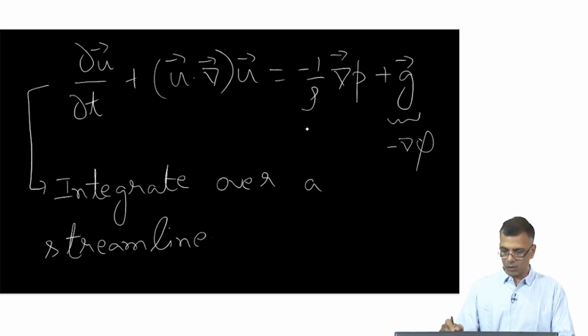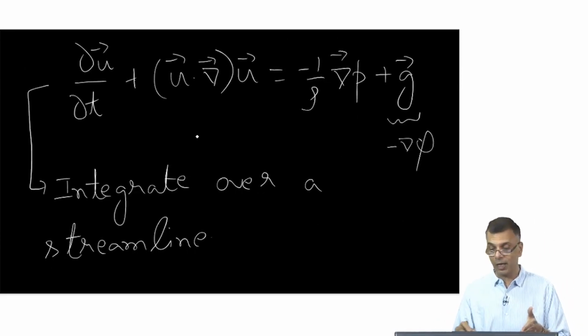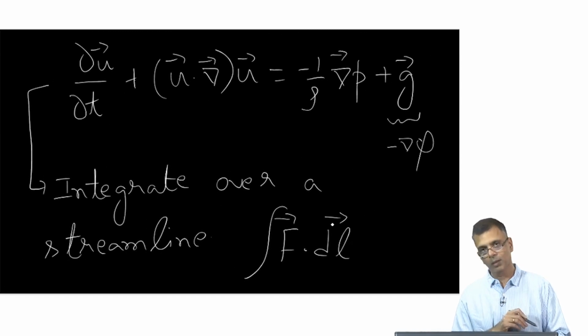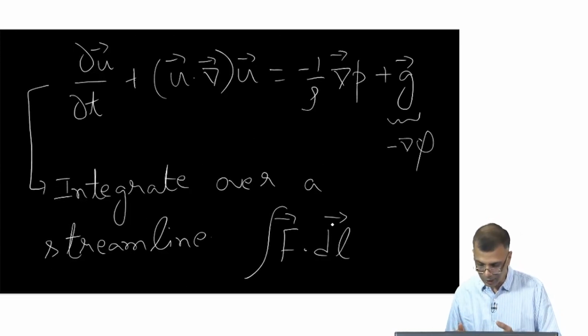So mind you, this is F. The way it's written here, this is ma and that's F. But what you're really doing is integrating along the streamline. And what do you get when you integrate force over distance? You get work, energy, one of these things. Right. So that's exactly what you get.